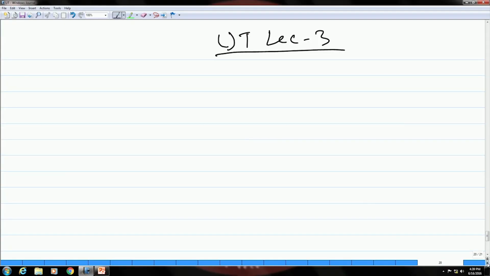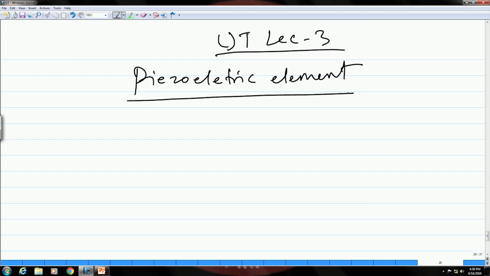The main component is this piezoelectric element, as I said. The most common, most well known piezoelectric material, as you might all know, is quartz.